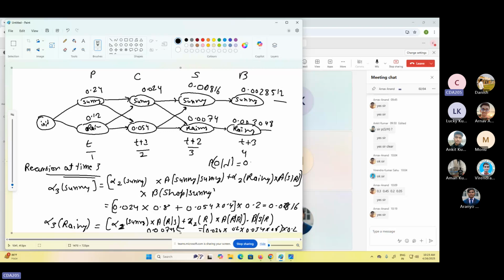So it will be 0.0028512 plus 0.003048. So this is 0.003156. This is the final answer. Understood?